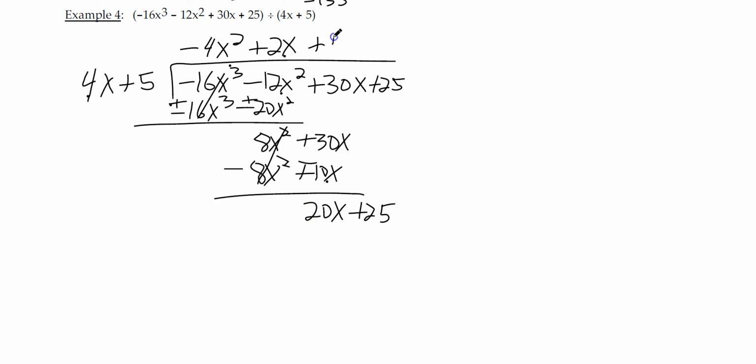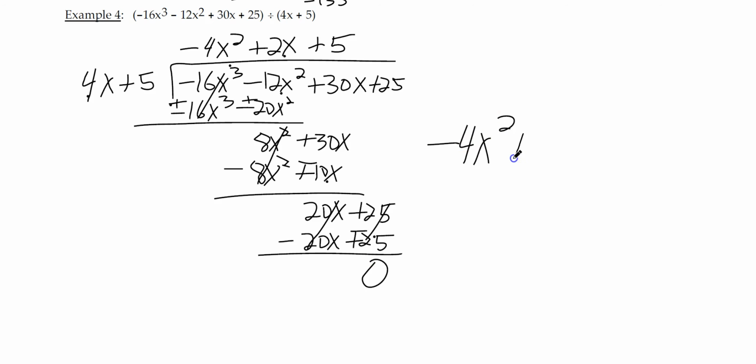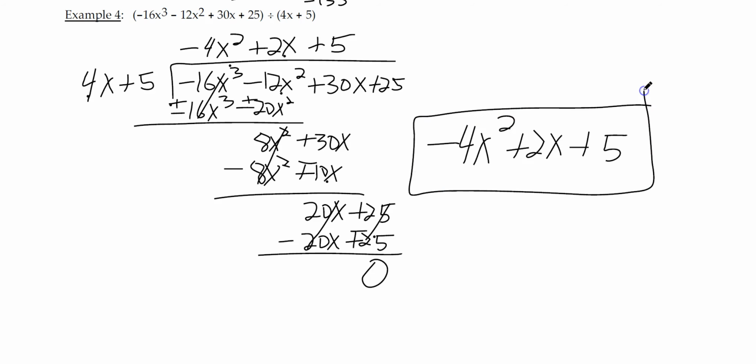That would be plus 5. 5 times 4x is 20x. 5 times 5 is plus 25. Oh, this is nice. When we draw the line and change the signs, they both reduce, no remainder. So our answer is just the negative 4x squared plus 2x plus 5. Okay, excellent. Let's move on.